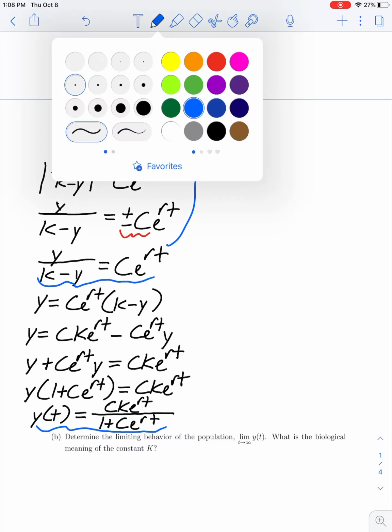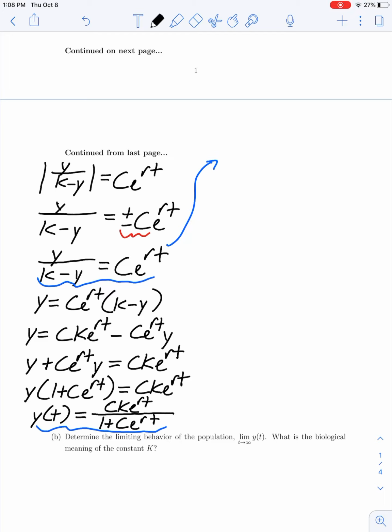And if I substitute t equals 0 and y equals y naught into that equation, I have y naught over k minus y naught is equal to c times e to the 0, which is 1.